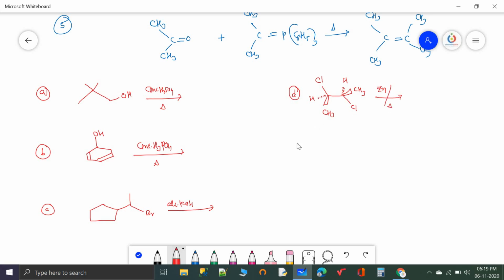zinc and heat it. So E molecule is CO-Na+, CO-Na+, and the F molecule is sodium in liquid ammonia.